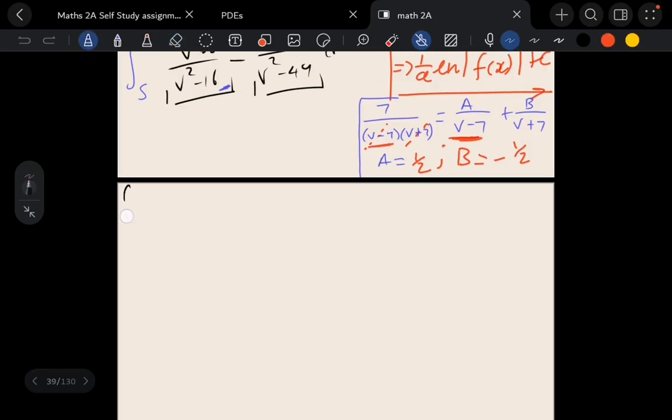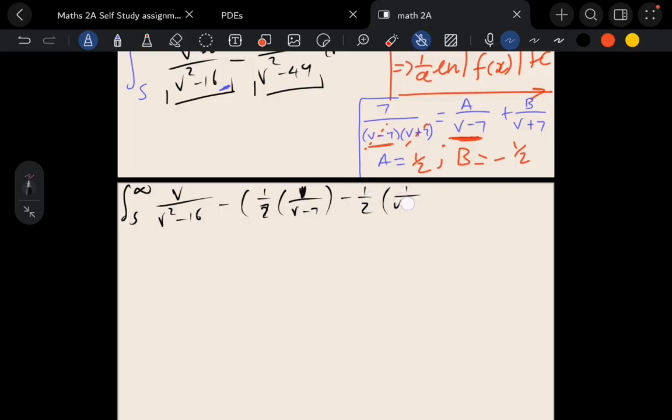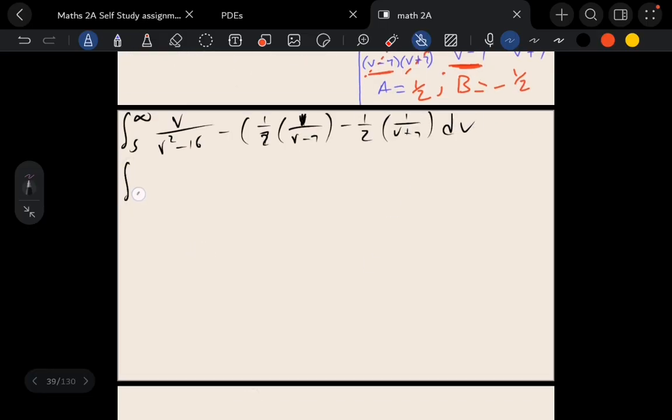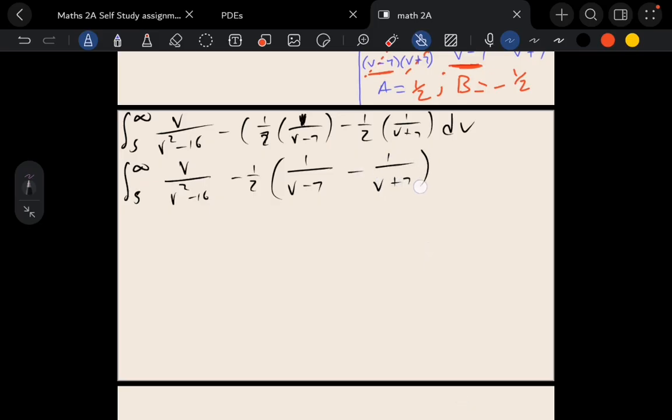So now I'm going to have an integral from s to infinity of v over v squared minus 16 minus, in bracket, 1 over 2 times 1 over v minus 7 minus 1 over 2 times 1 over v plus 7, dv. So an integral from s to infinity of v over v squared minus 16 minus 1 over 2, in bracket, 1 over v minus 7 minus 1 over v plus 7, dv.